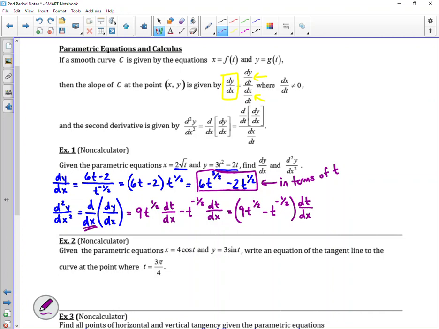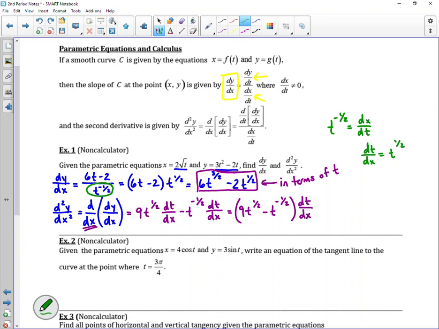And then, if you've already done your first derivative, you already know that t to the negative 1/2 is equal to dx dt. So if I want dt dx, I just flip it. So it's 1 over t to the negative 1/2, or t to the positive 1/2.